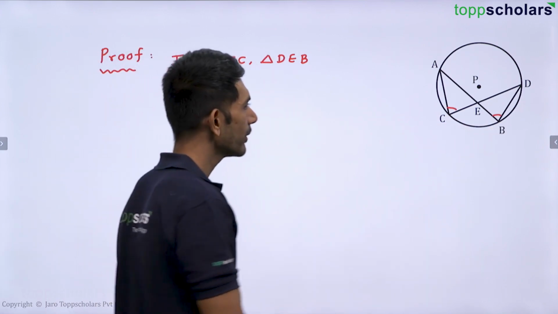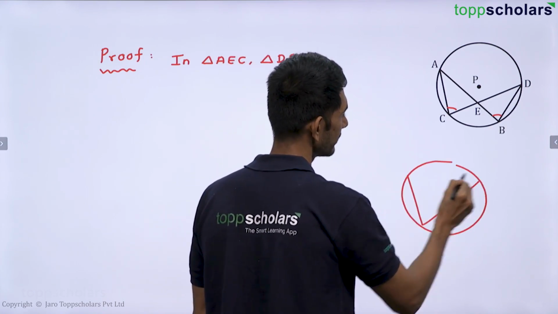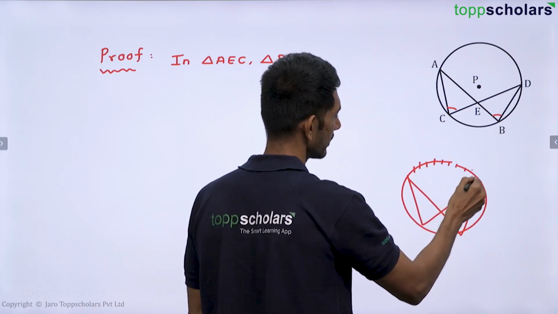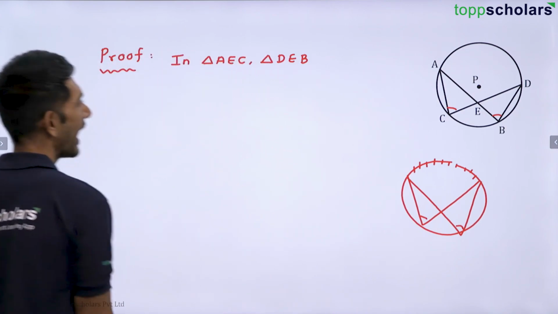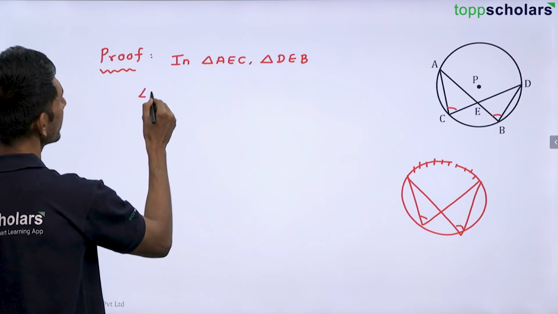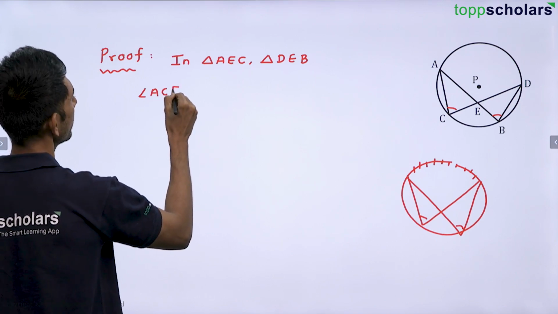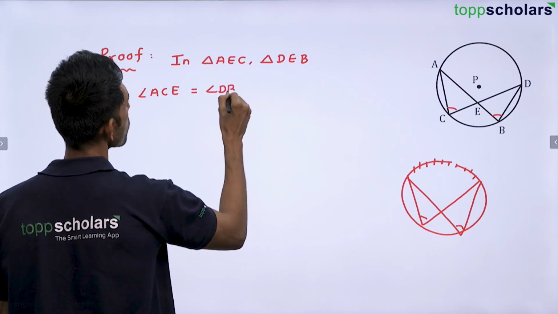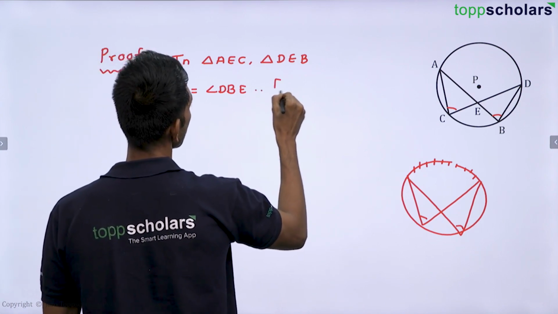Why will they be equal? Because there is a circle, and this is the intercepted arc. This angle and this angle will be equal. Angles inscribed in the same arc are equal. So angle ACE is equal to angle DBE. What is the reason? Angles inscribed in the same arc.